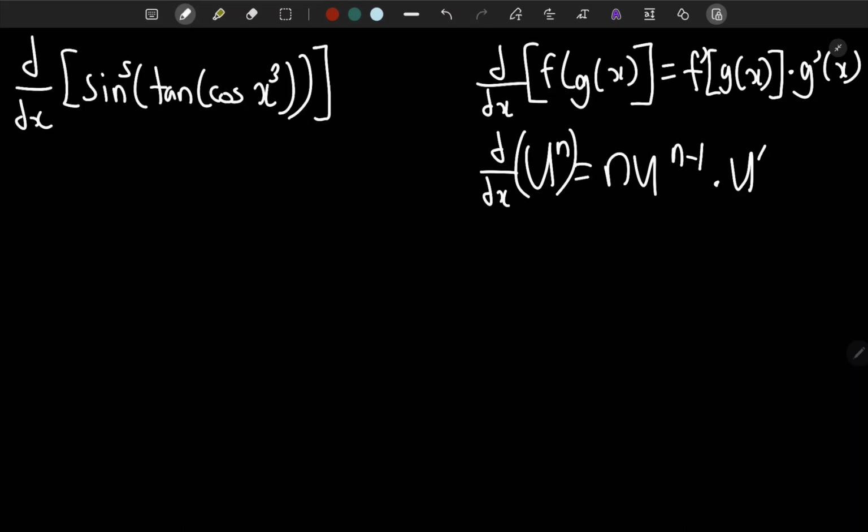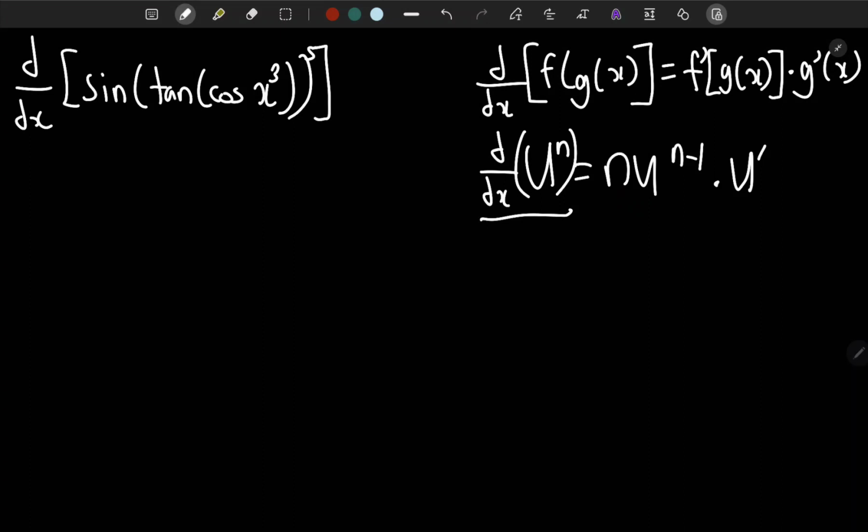So how do you think we should start with the next question? We have sine to the power of 5 of tan cosine x cube. The first thing we notice is that the sine to the power of 5 can be taken out here, and now we have something of u to the power of n, where u is this entire function. So let's use this formula first.